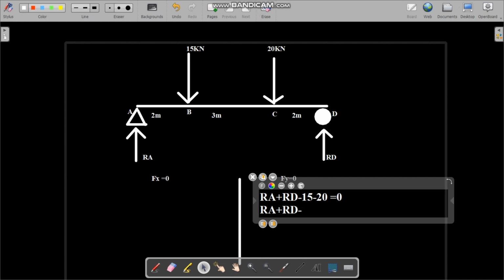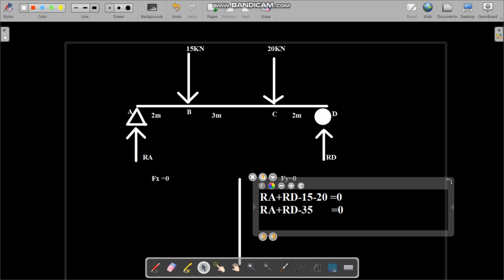So we just find the reaction forces Ra and Rd. How can we evaluate? You can see here, Ra plus Rd minus 35 is equal to 0, and we just find the one value of Ra or Rd. Then we can evaluate the second one.